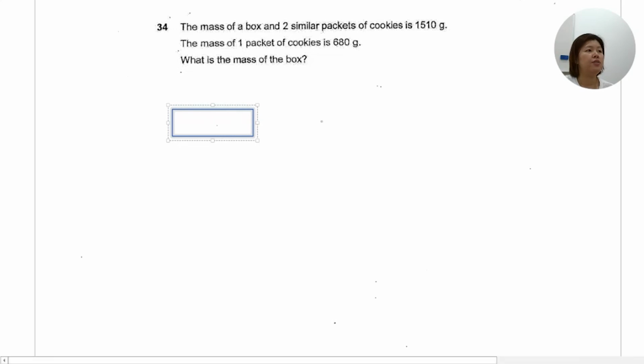And then let's draw two packets of cookies. This is my cookie, this is my box. Okay, so my cookie is 680 for 1.